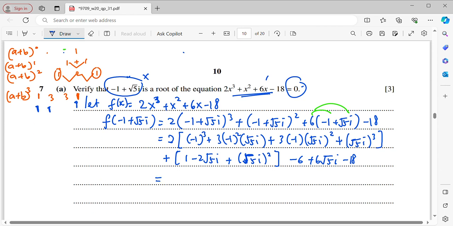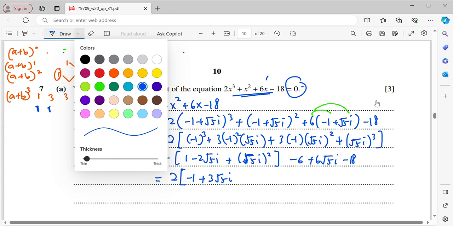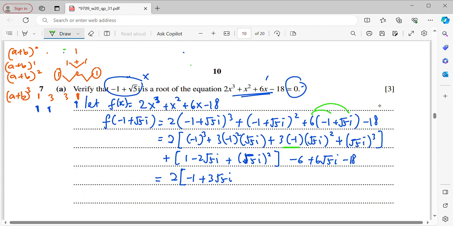Then from here, when we simplify the terms inside the bracket, the first one, minus 1 cube, is minus 1. Okay, so second term, 3 times minus 1 squared, this is basically 3. So 3 root 5i. Now, the next one is minus 3. Then square of square root 5 is 5. I squared. So my i squared is minus 1. Or probably you can just write i squared first, no problem.